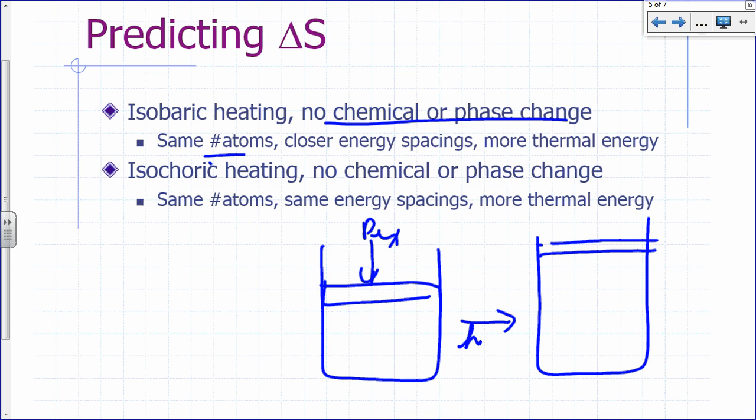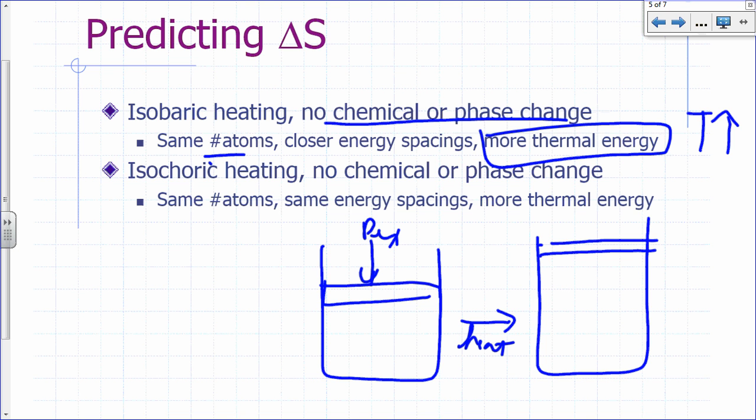So if you heat, temperature increases. So what's happening here? You have more thermal energy. You have to increase the temperature, and your box is bigger now. Remember the particle in a box?